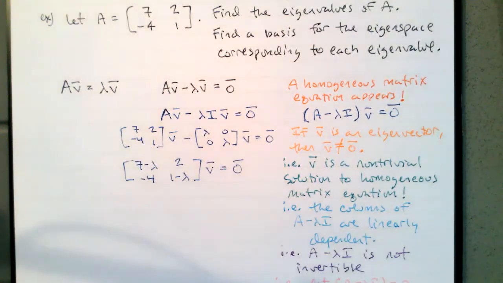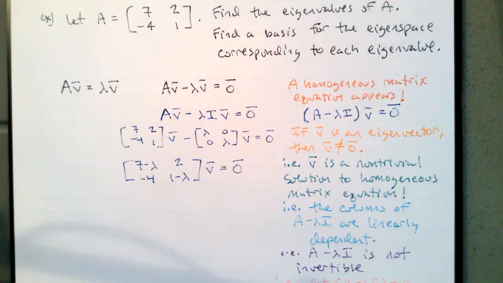Once again, if V is to be an eigenvector corresponding to eigenvalue lambda, then V has to be non-zero. So that means V is a non-trivial solution to this matrix equation. And so that means the matrix itself is not invertible.